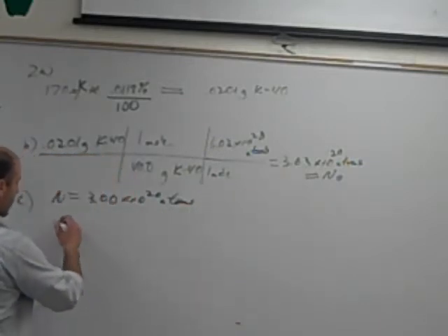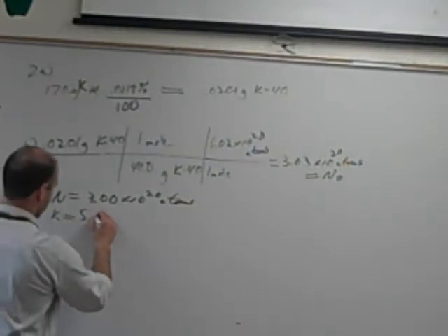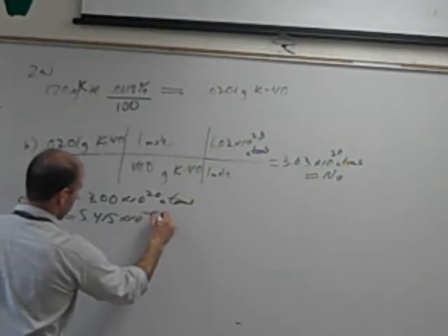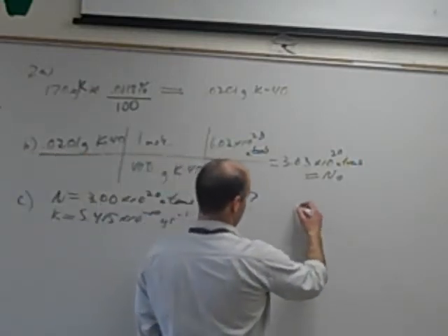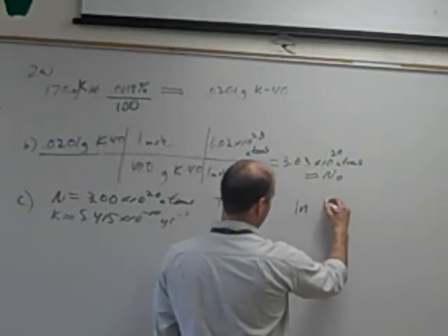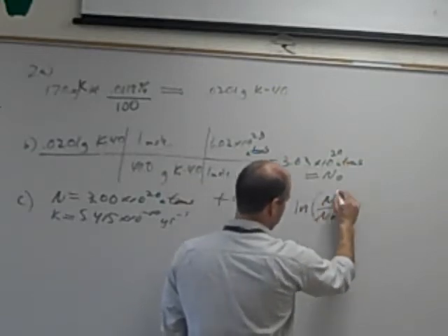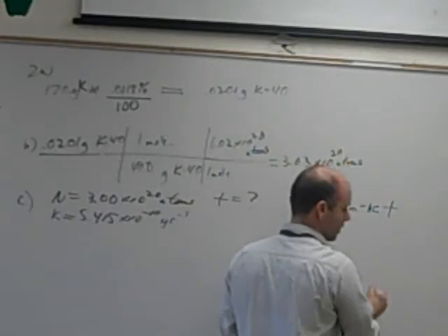We are told that K is 5.415 times 10 to the negative 10th inverse years. And what we are trying to do is find time. How old is the man in the ice? So the equation that we use to solve for this is the ln of N over N sub 0 equals negative kt.